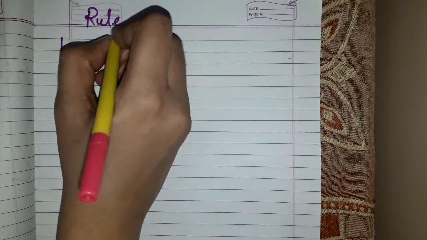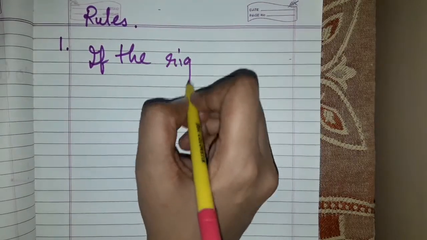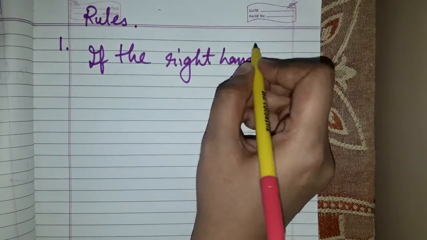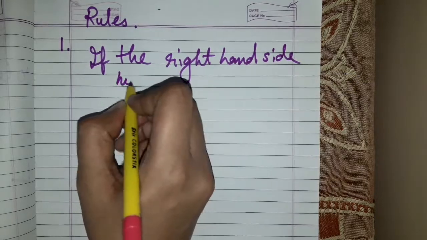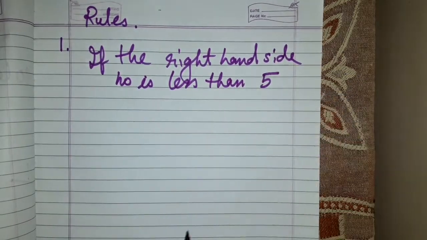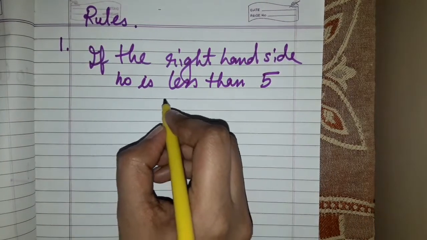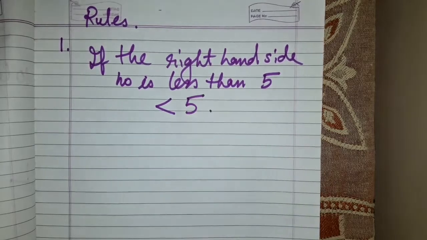What are the two rules of the rounding off chapter? Now the first rule is: if the right hand side number is less than 5, then what will happen?